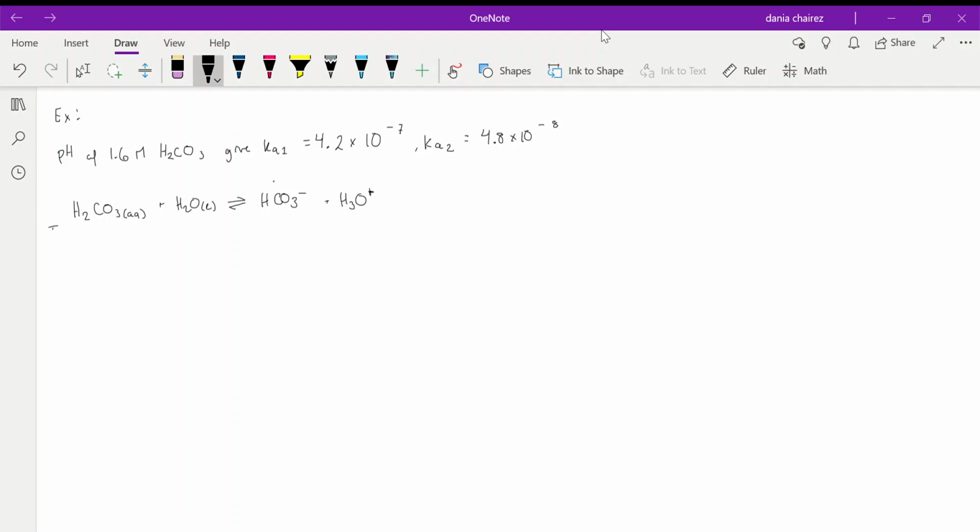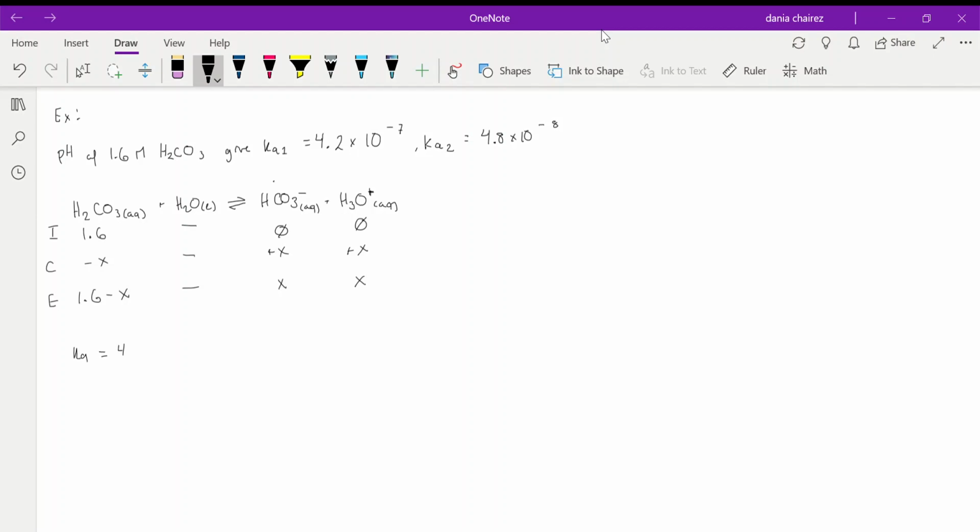So we set up our ICE table where initially we have 1.6, condensed state, okay, aqueous, we have 0 and 0. Our change, minus x, plus x, plus x, so at equilibrium, 1.6 minus x, and x.